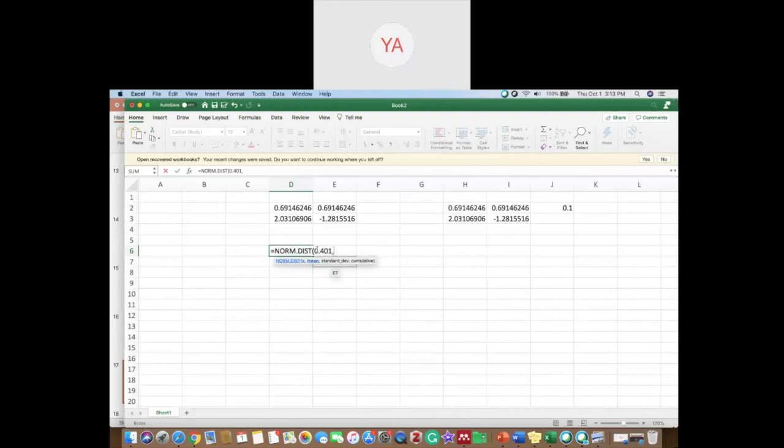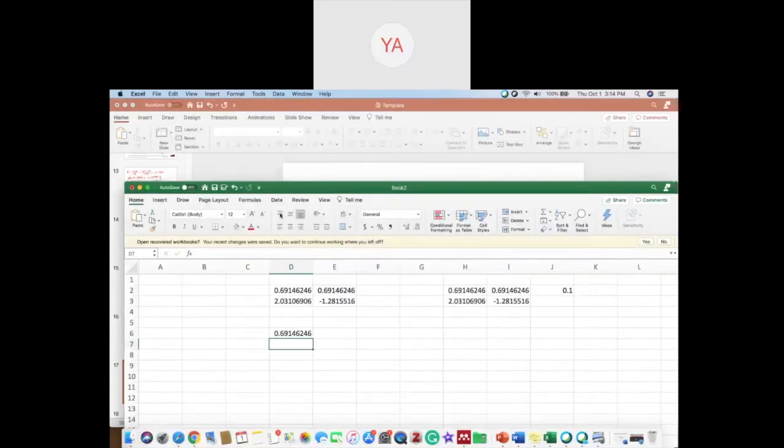I need to provide the mean value, which is 0.4008. I need to provide the standard deviation, which is 0.0004. And then for the cumulative, it is asking either true or false. If I choose true, it will give me the CDF. If I choose false, it will give me the PDF. So I click true, close the parentheses and hit enter.